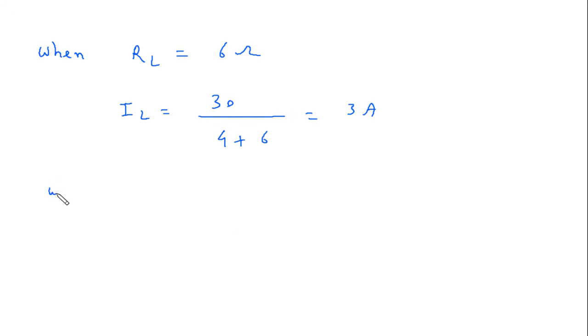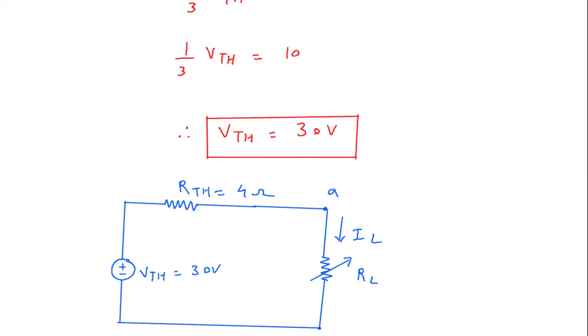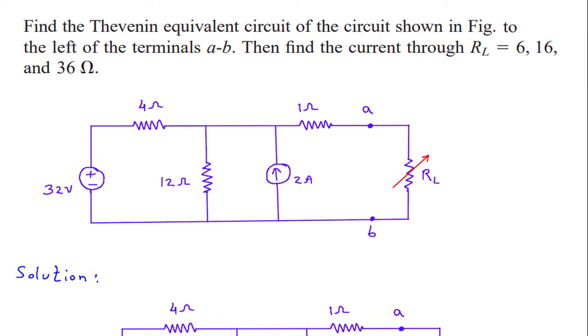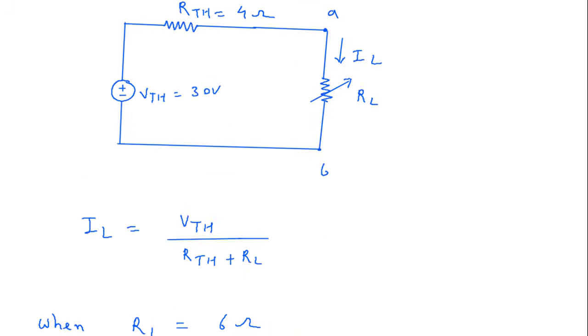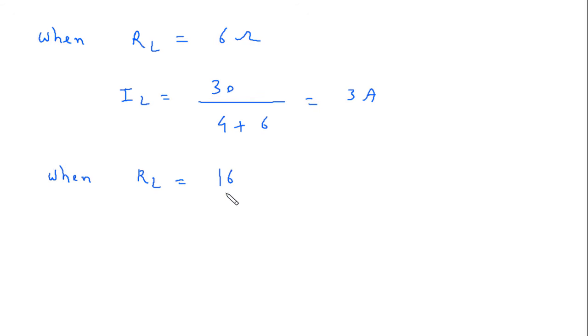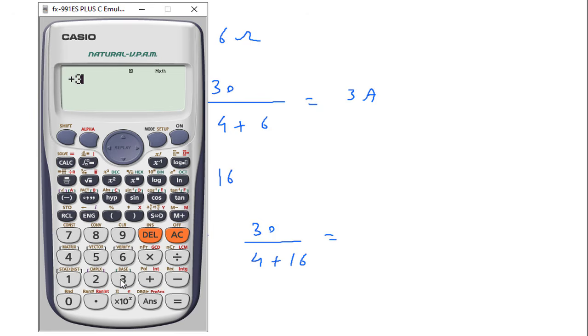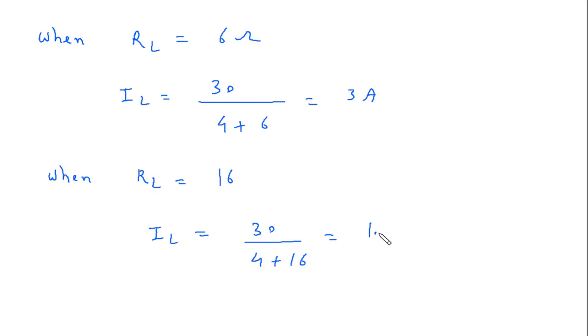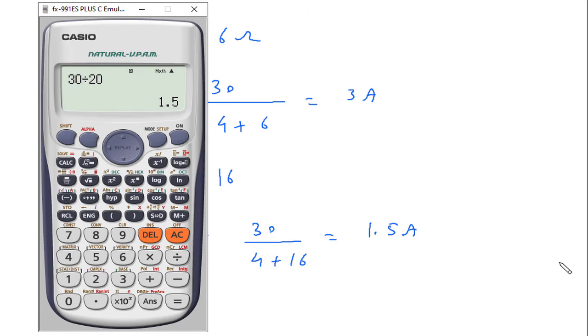Now when RL is equal to 16, then IL is equal to 30 by 4 plus 16. So this will be 30 by 20, which is 1.5 ampere.